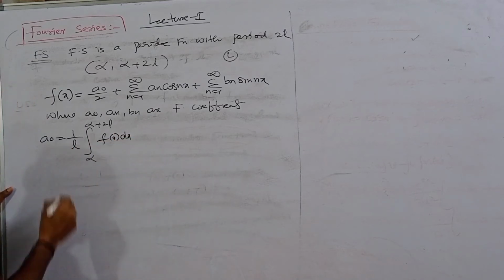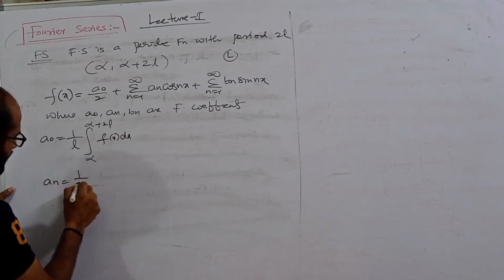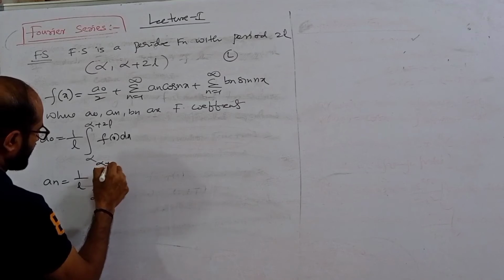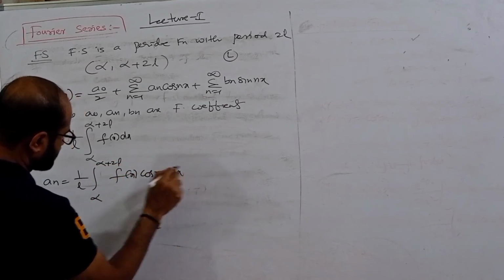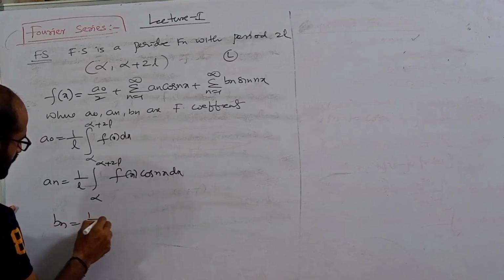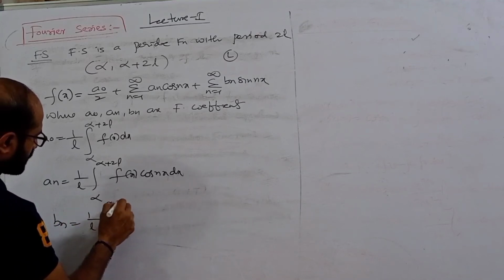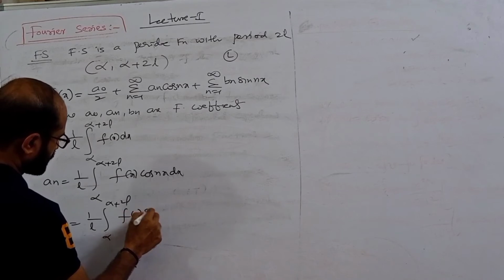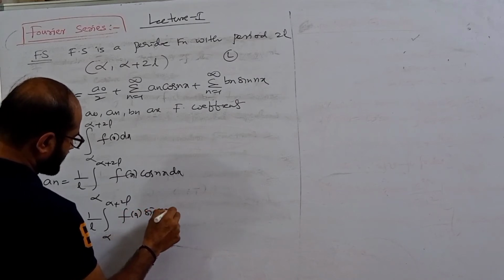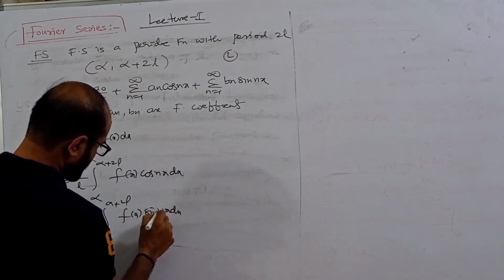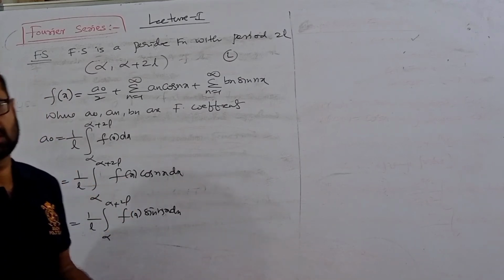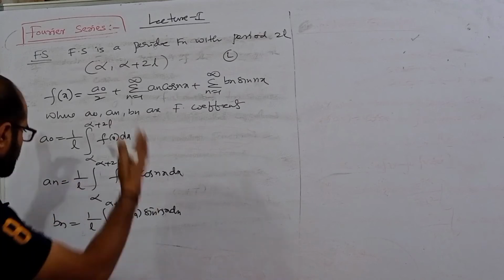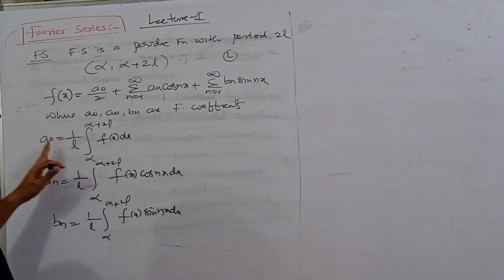This is the a naught value. An equals 1 by L into the integral from alpha to alpha plus 2L of f of x into cos nx dx. Similarly bn equals 1 by L into the integral from alpha to alpha plus 2L of f of x into sin nx dx. These are the formulas obtained by Euler's formula. From Euler's formula we obtained these a naught, an and bn values, right?